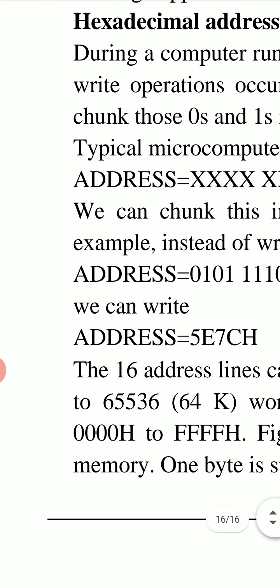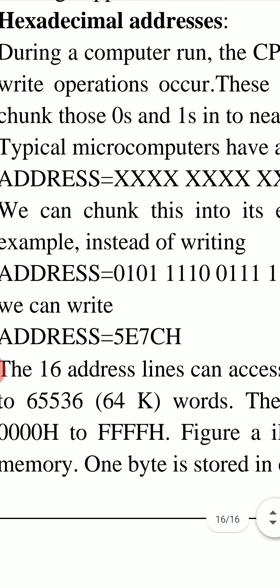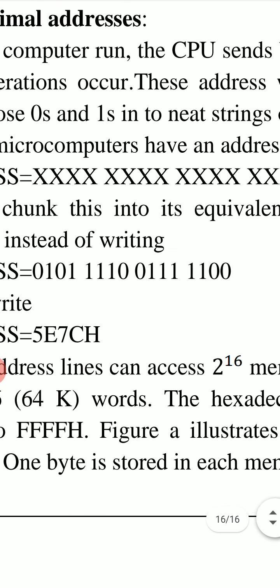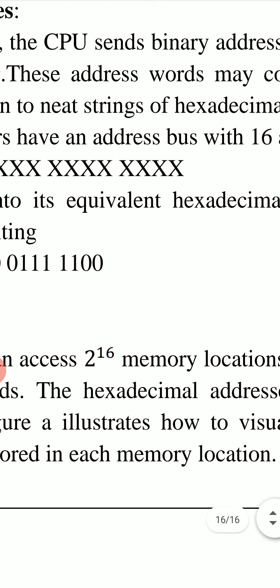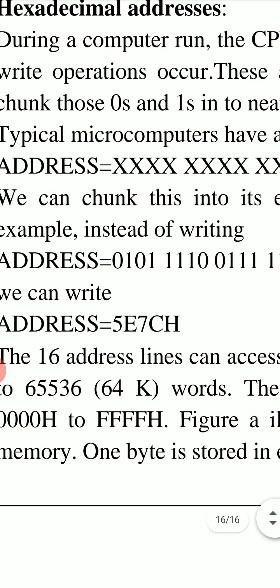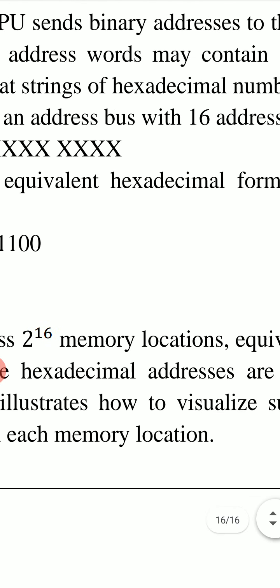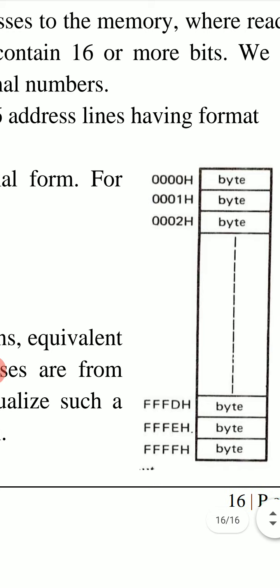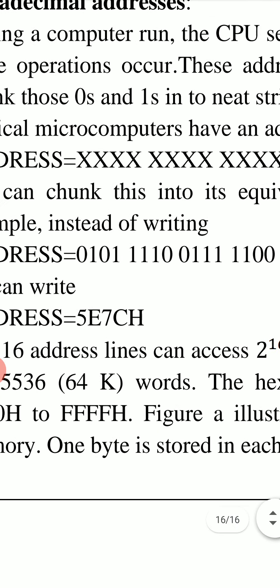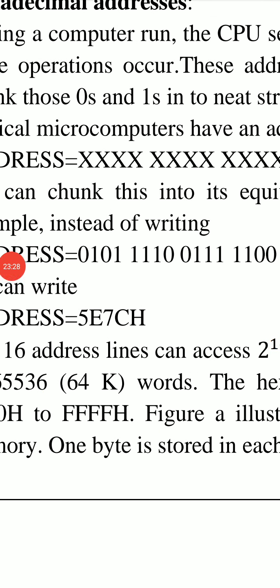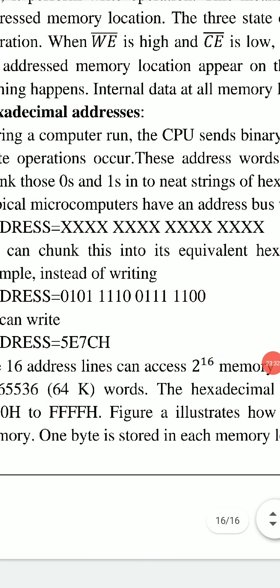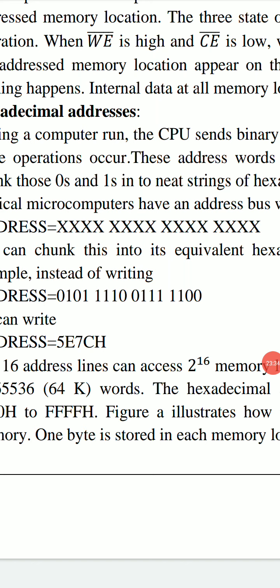We can chunk those zeros and ones into neat strings of hexadecimal numbers. Typical microcomputers have an address bus with 16 address lines having this format: address equal to XXXX. These are 16 bits, 4 4 4 4.